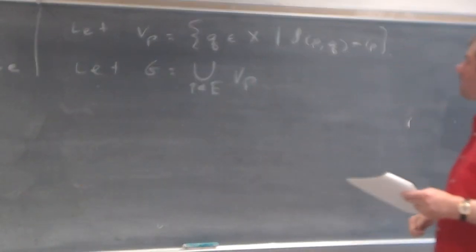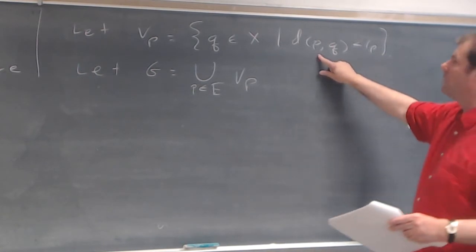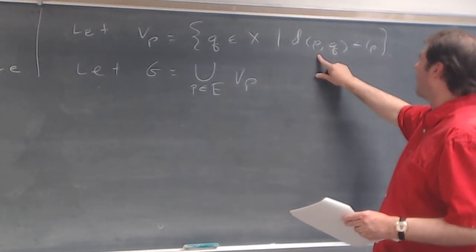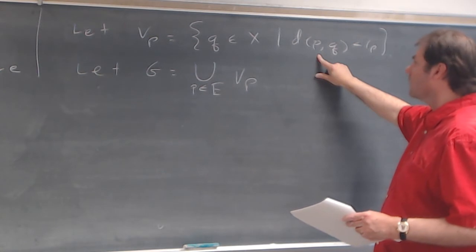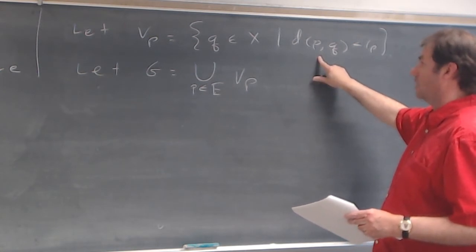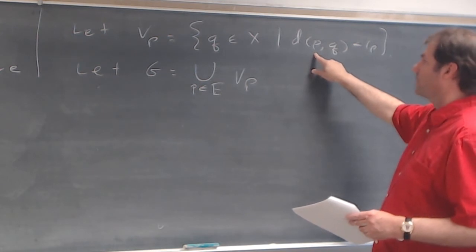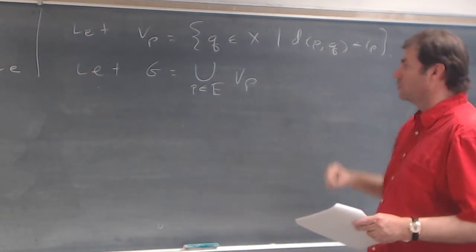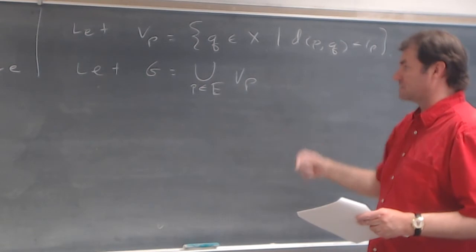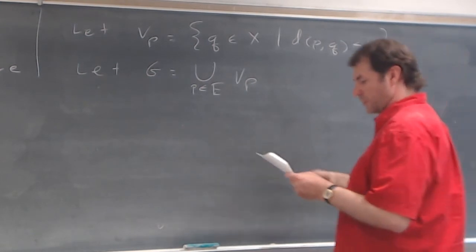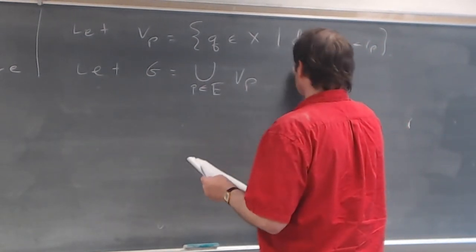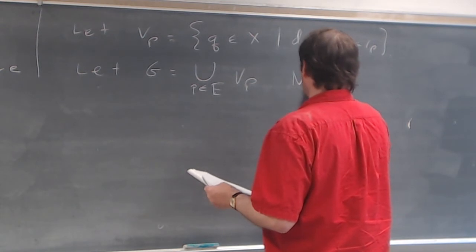Now, I want you to notice that B sub P is a neighborhood of P, and so it's open. And so when you take an arbitrary union of a bunch of these open sets, you're going to get an open set. So let's write this down.